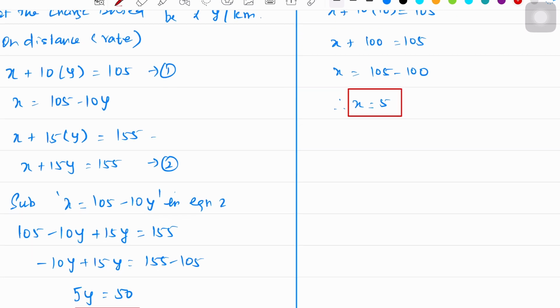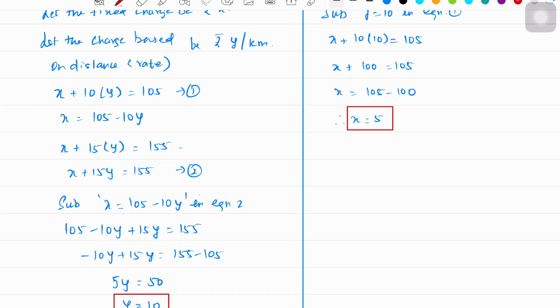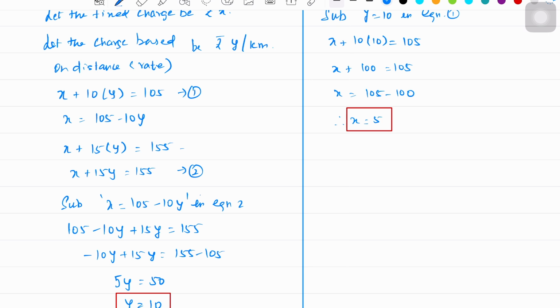So we've got the values, and we can write the first part of the answer. Fixed charge equals rupees 5, and rate, which is based on distance, equals rupees 10 per kilometer.